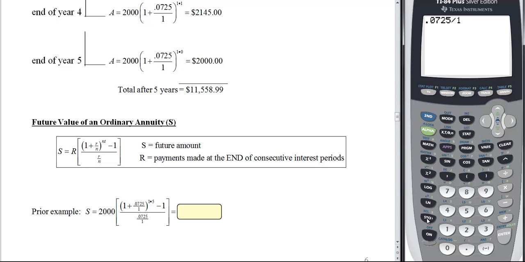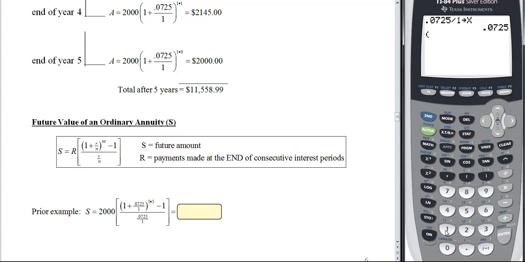If it was semi-annually or quarterly, you hit STO, and then I'm going to put it in for X, and then hit enter. Now, order of operations dictate I have got to get an answer in this bracket, so I've got to go to my numerator first.